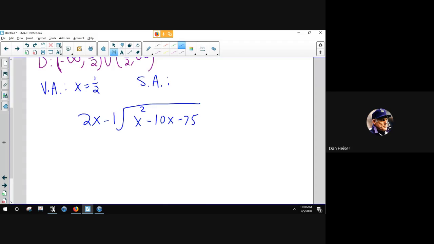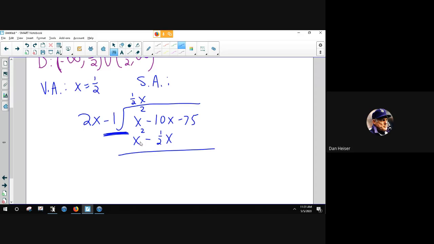So asking ourselves what times 2x equals x squared. The answer to that is 1/2 x. 1/2 x times 2x gives us x squared. 1/2 x multiplied by -1 gives us -1/2 x. Big giant minus sign, so we don't forget about it.